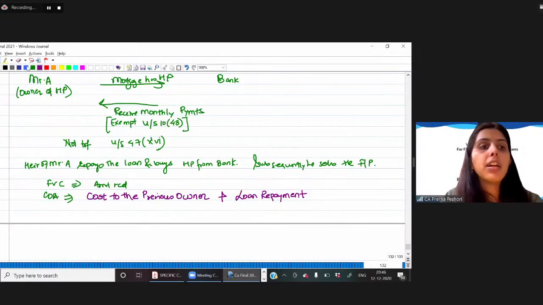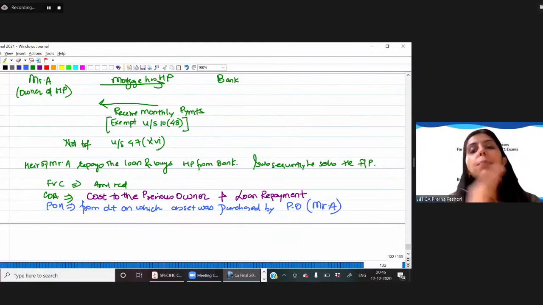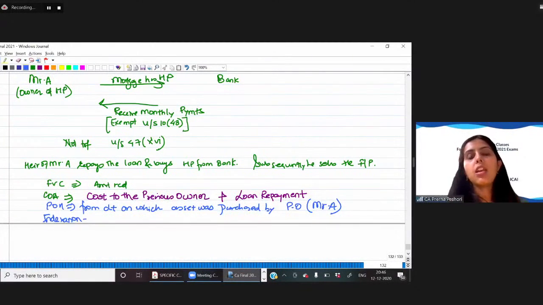Period of holding will be from the date on which the asset was purchased by the previous owner, that is Mr. A. So period of holding will also be clubbed, and even indexation will apply from the date when the asset was held by Mr. A. Are you clear?